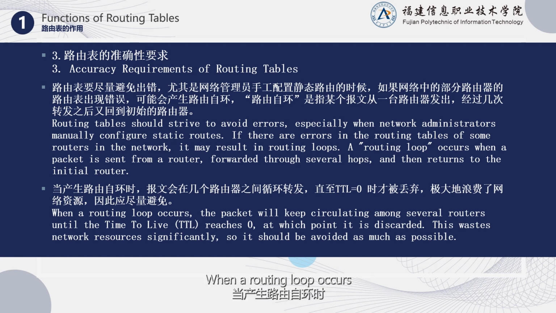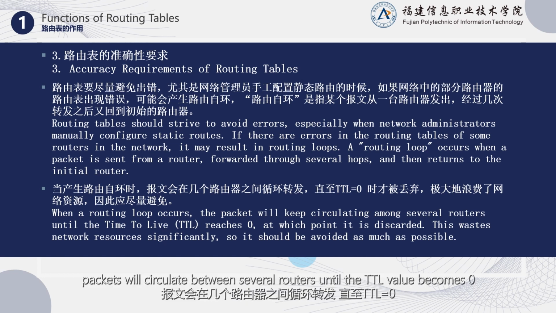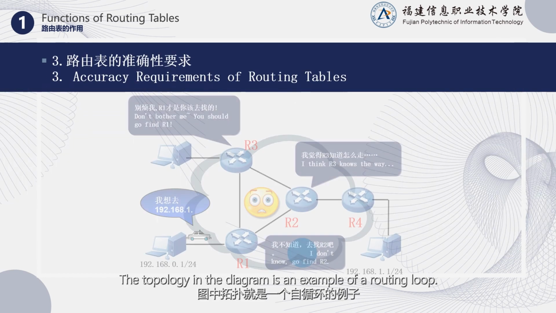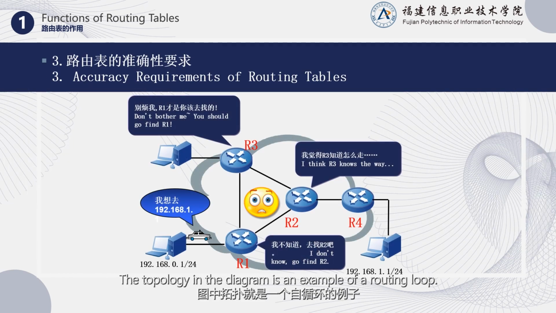When a routing loop occurs, packets will circulate between several routers until the TTL value becomes 0, at which point the packets are discarded. This results in a significant waste of network resources and should be avoided as much as possible.